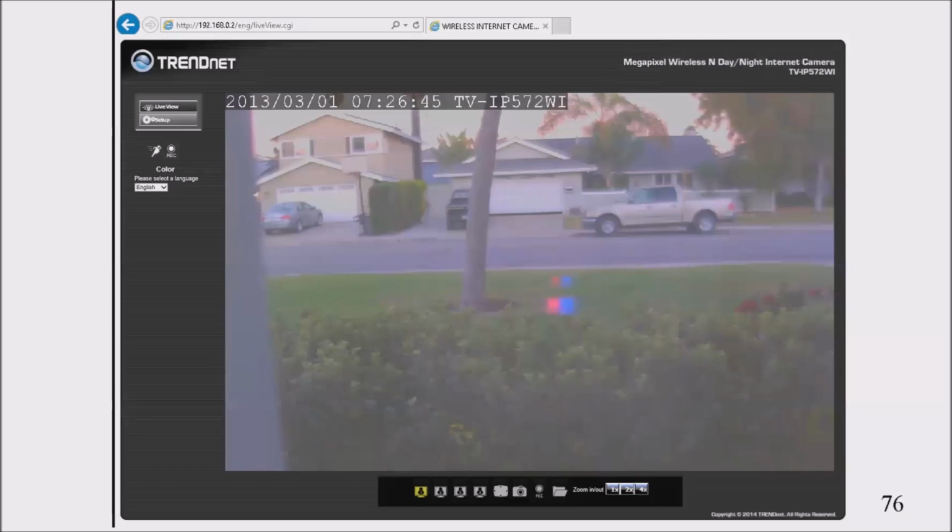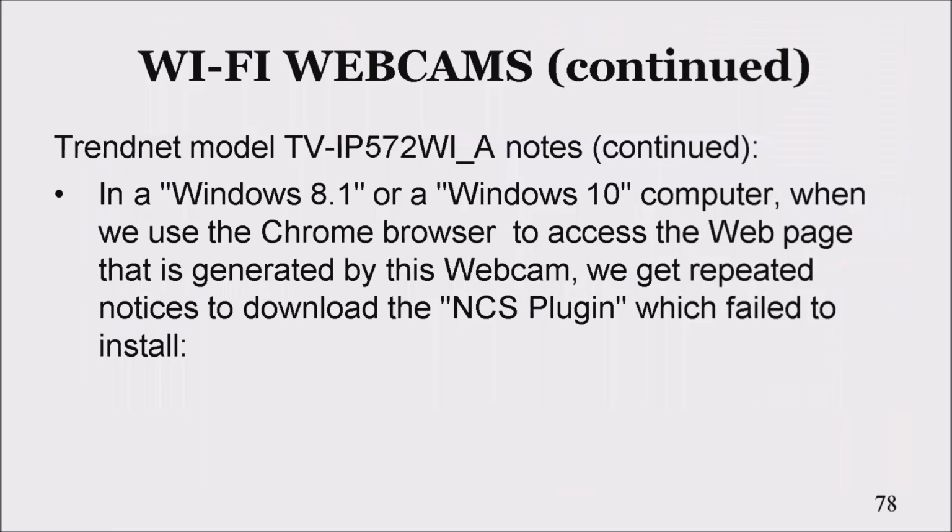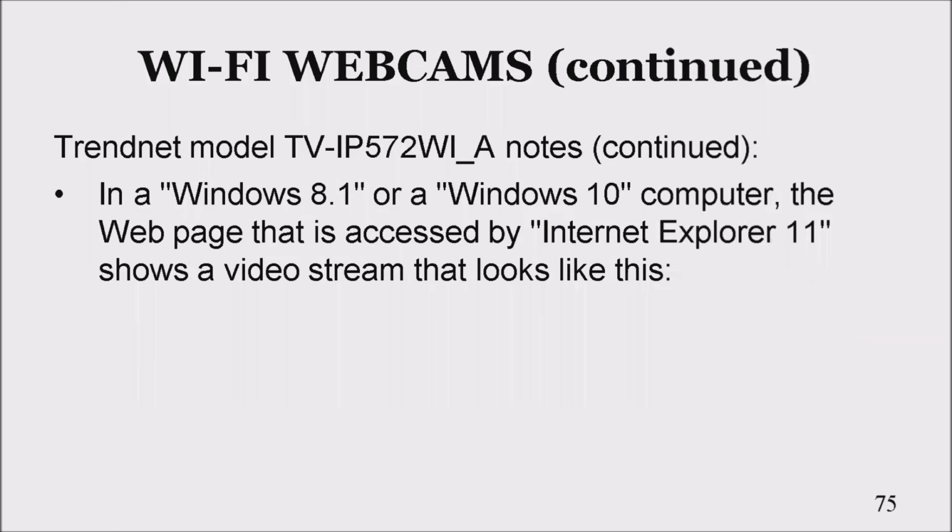Okay, in the Windows computer, you notice that it has a slightly better picture. Well, that's life in a big city, right? It's not that much different. I actually cheated a little bit and took this later on in the day when the sun wasn't pointing at my camera. And it runs fine in the Windows computer in Internet Explorer.